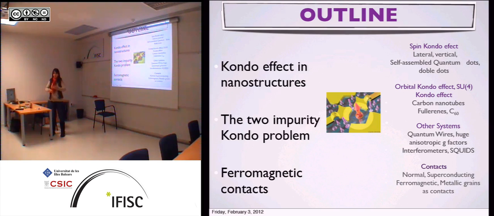And when you attach ferromagnetic contacts, for the particle-hole symmetry case, you can make the Kondo effect weaker with the polarization, and away from this point you have a magnetic field induced by the ferromagnetic contact, and in the parallel case you can restore the Kondo effect by tuning the interdot tunneling rate. So I think that I'm finished.